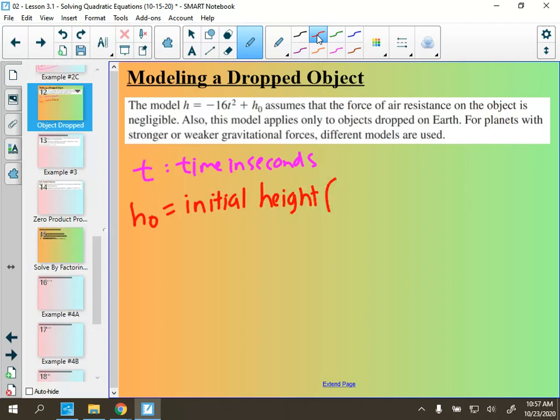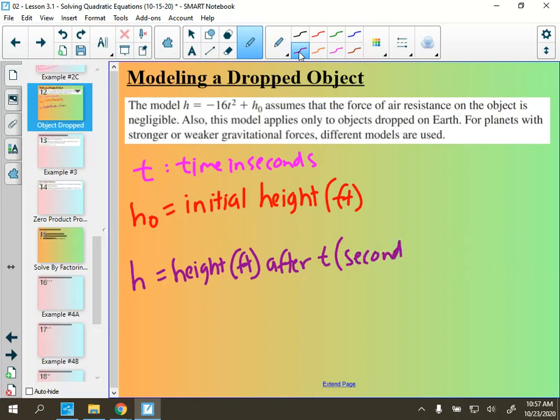The seconds are for time, feet for your initial height, and then the h is the current height, or the height in feet again after t seconds. Think of it as the height in question after we've dropped this object for t seconds.